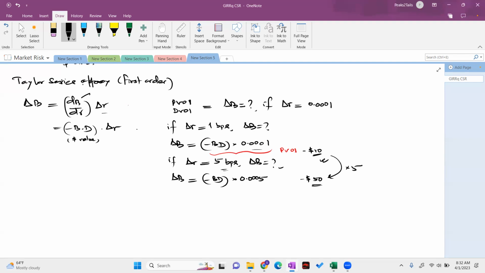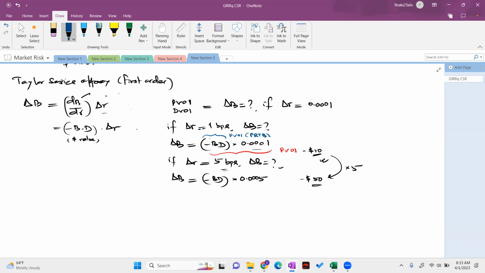But in FRTB, the definition of PV01 is not this. The definition of PV01 is just the slope. This is PV01 as per the FRTB definition.